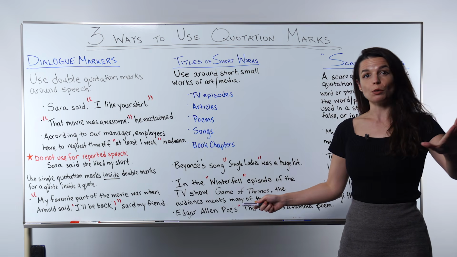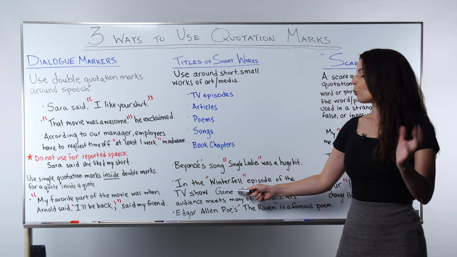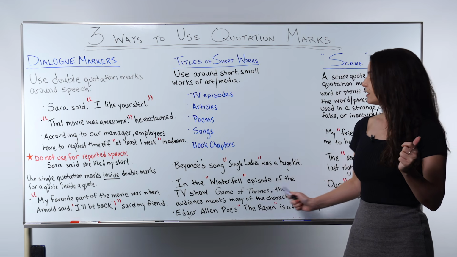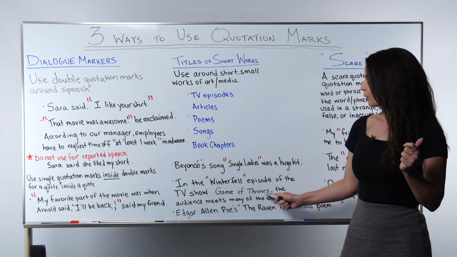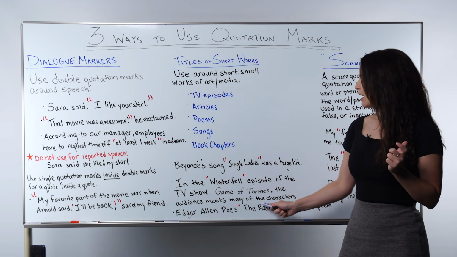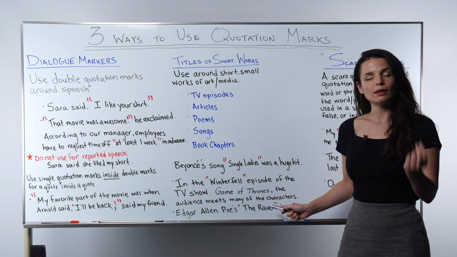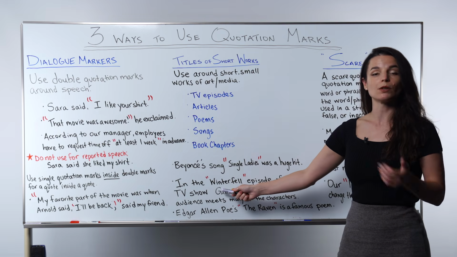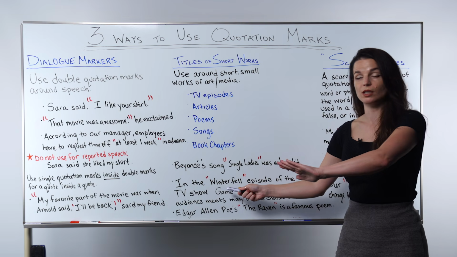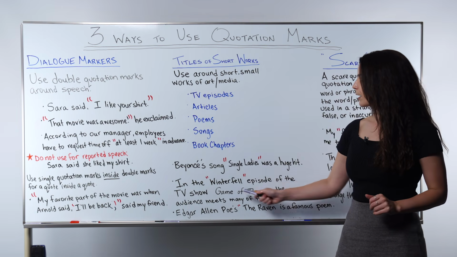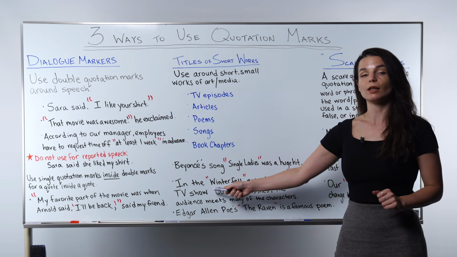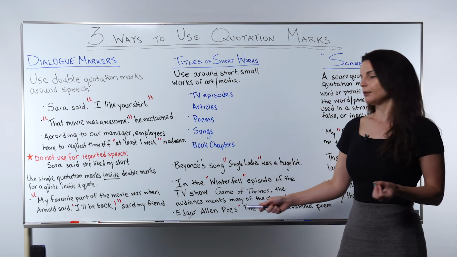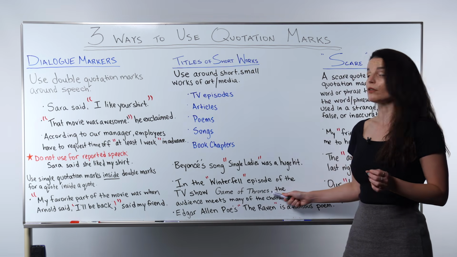This is a TV show example. In the "Winterfell" episode of the TV show Game of Thrones, the audience meets many of the characters. In this example sentence, we have the TV episode title. The name of that episode of the TV show is in quotation marks. This is the title of the episode. In this sentence, I also included the title of the TV show.